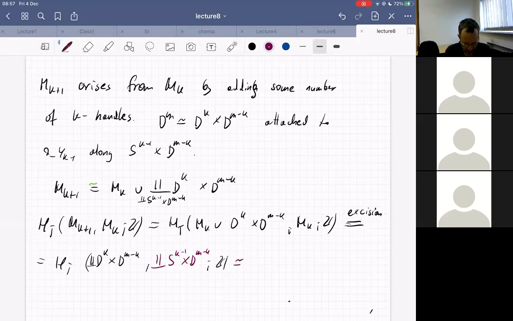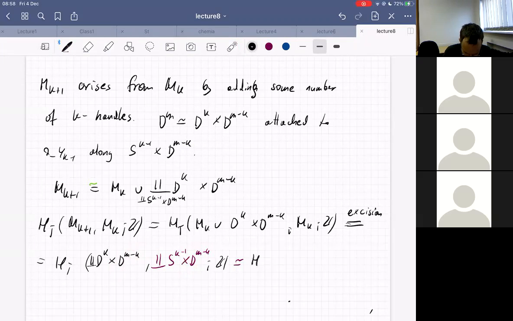Now you have spaces that are multiplied by the thickening, but this thickening just doesn't change homotopy type. You can just forget about this thickening, or if you prefer, you can use the Thom isomorphism or Künneth formula for multiplying with an object that has the homotopy type of a point.